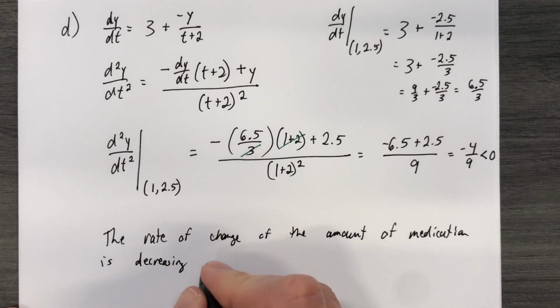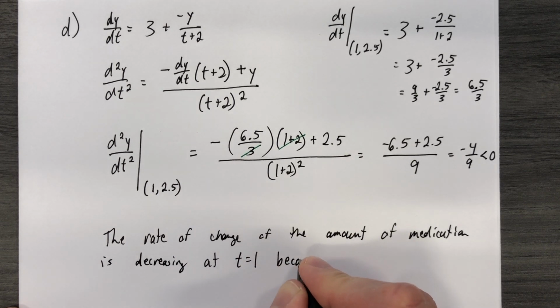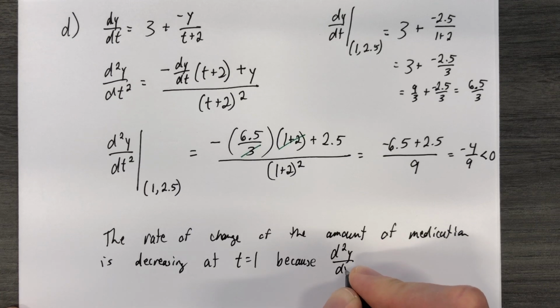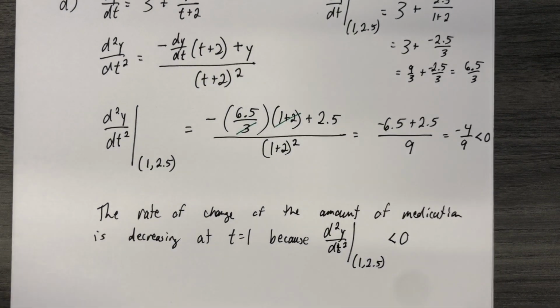You're gonna have to tell why. Decreasing at that specific time because the second derivative at 1, 2.5 is negative.